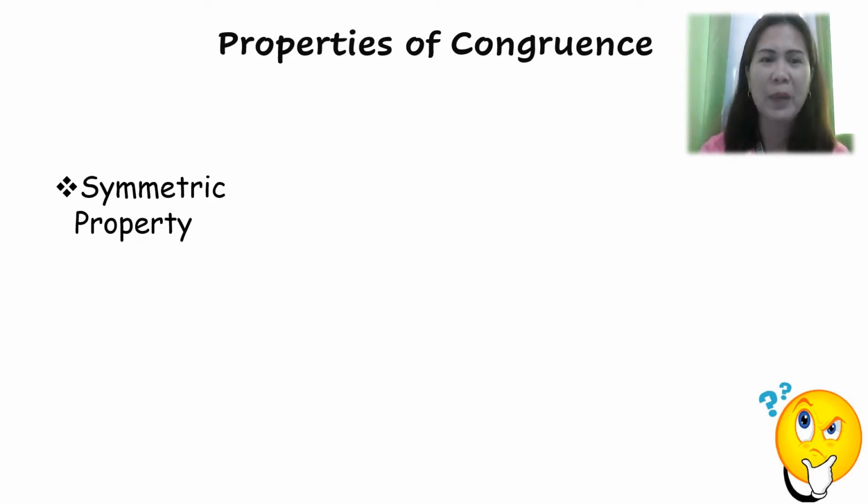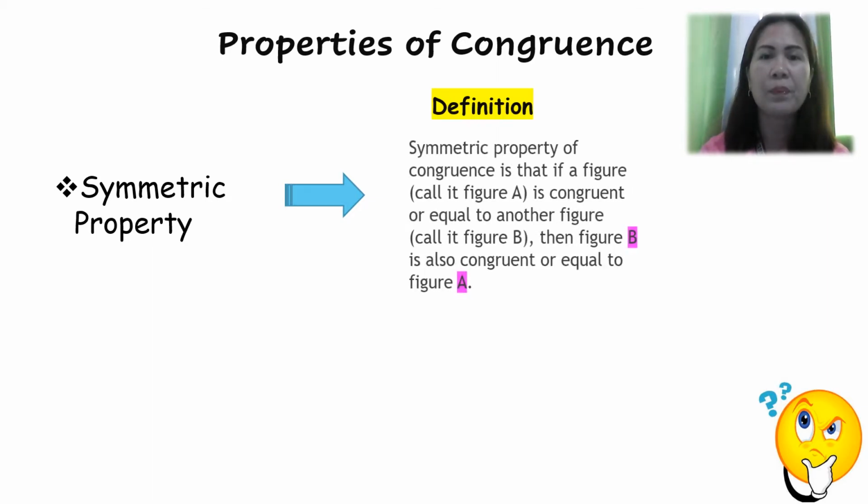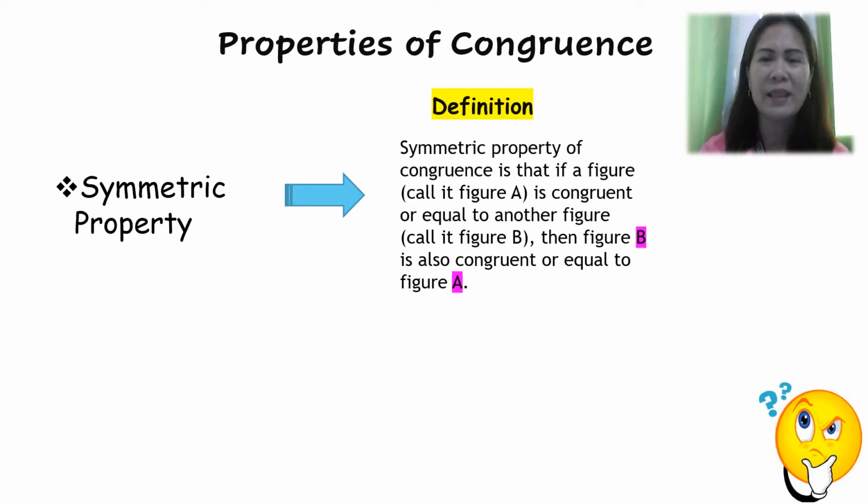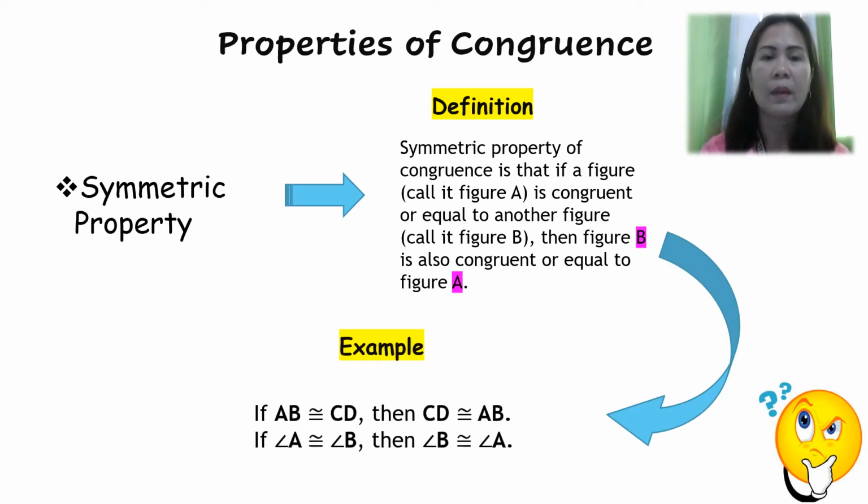How about symmetric property of congruence? So again, we have the definition. Symmetric property of congruence is that if a figure, call it figure A, is congruent or equal to another figure, call it figure B, then the figure B is also congruent or equal to figure A. The example for that is, if segment AB is congruent to segment CD, then segment CD is congruent to segment AB.